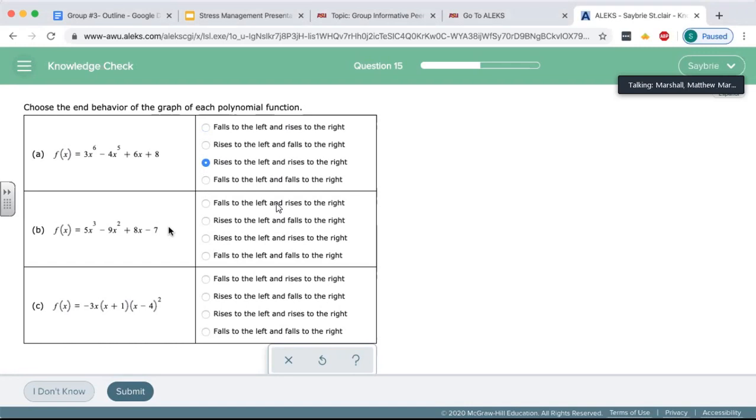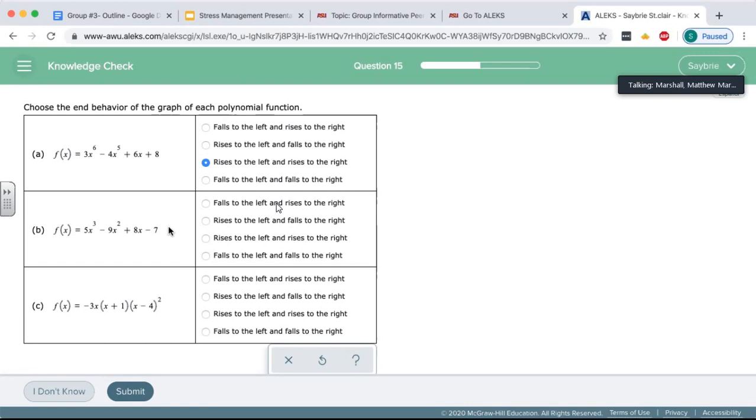And then this one, 5x to the 3rd minus 9x squared plus 8x minus 7. Mine looks like falls on the left, rises on the right.